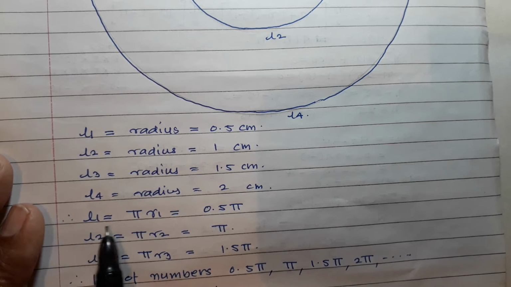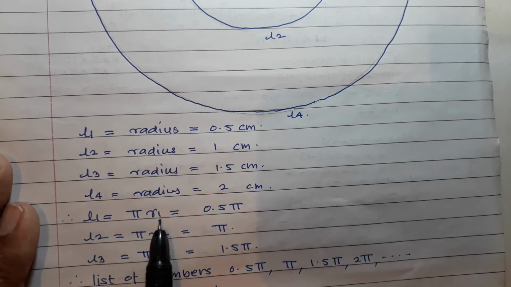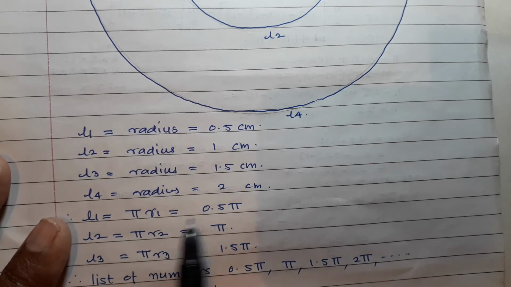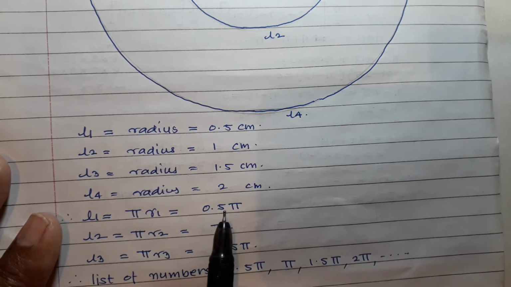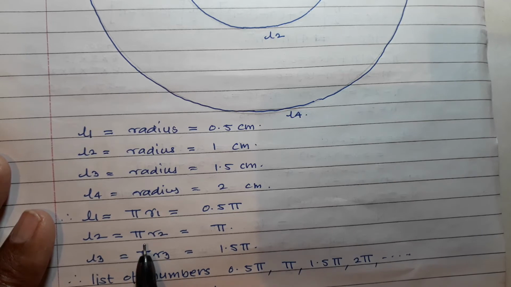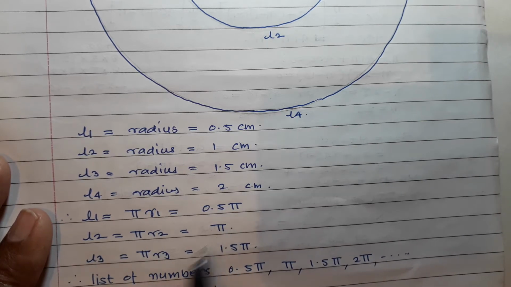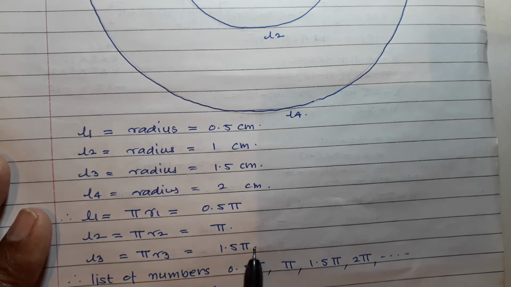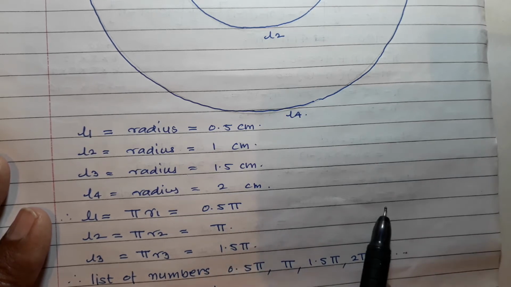Therefore L1 is equal to pi R1. This is the circumference of a semicircle, equal to 0.5 pi. L2 is equal to pi into R2, which is pi. L3 is equal to pi into R3, which is 1.5 pi, and so on.